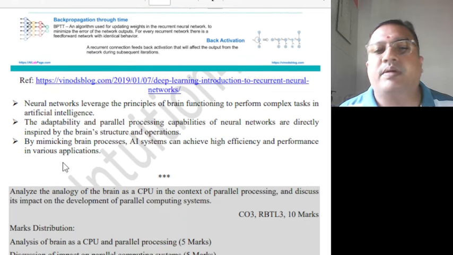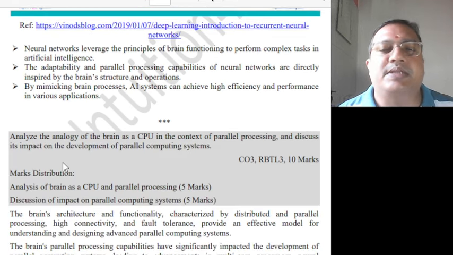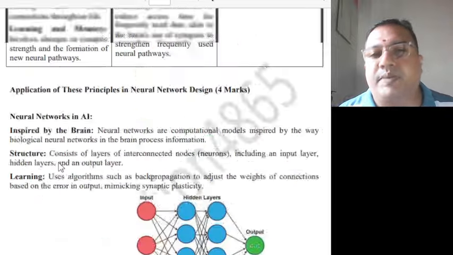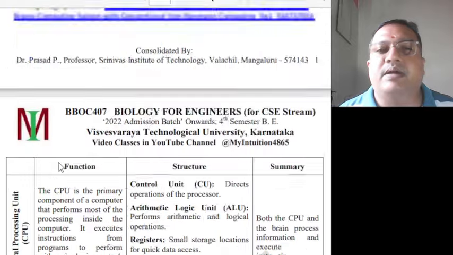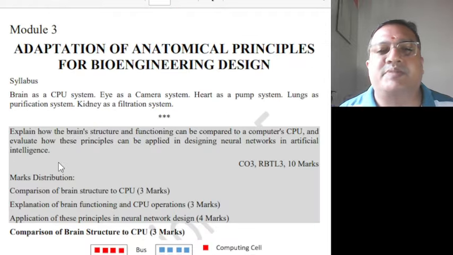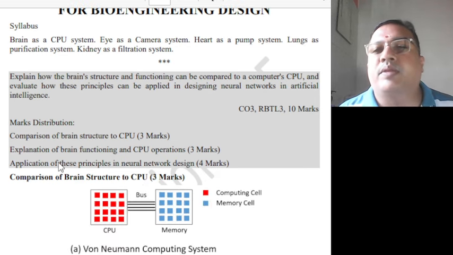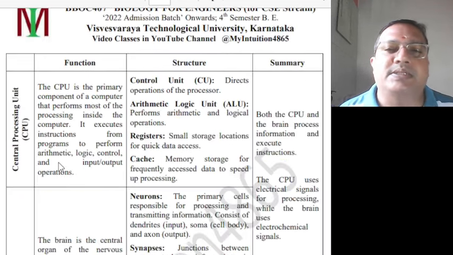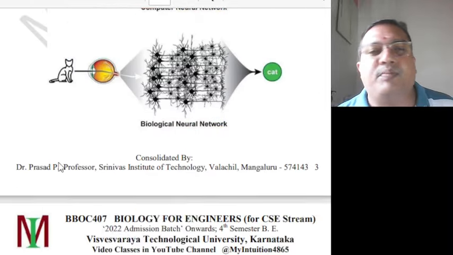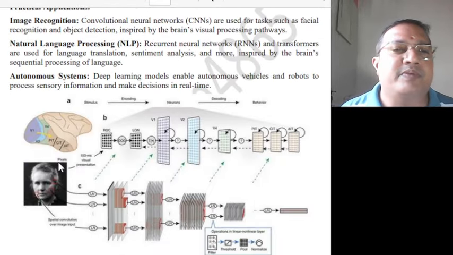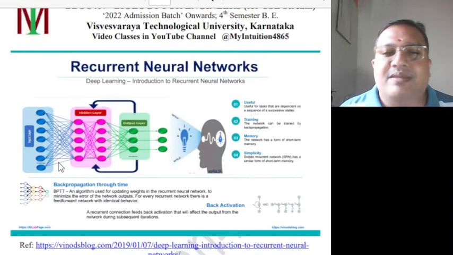So that is the answer to the first question: how the comparison is done, explaining the brain structure and function in comparison to that of a computer CPU, and how these principles are applied in designing neural networks in artificial intelligence. Okay, so it's simple for a computer science student, but not so simple for a biology teacher.